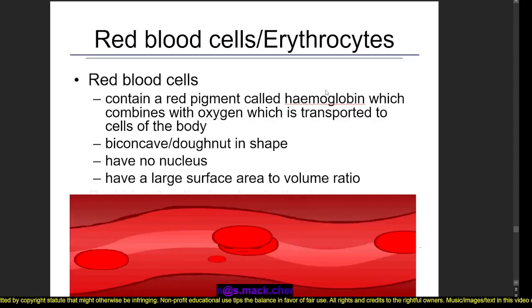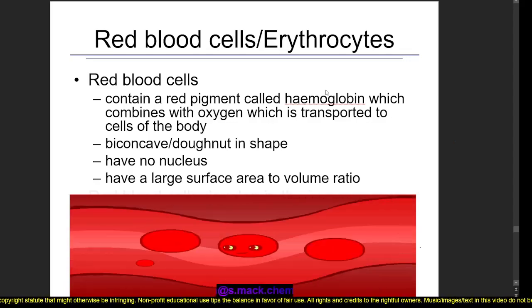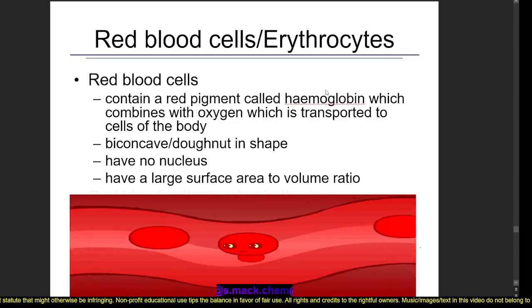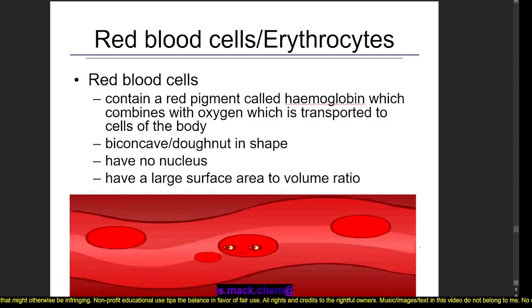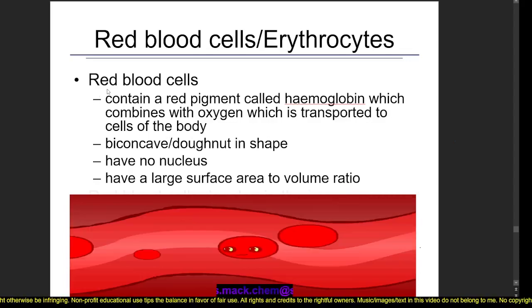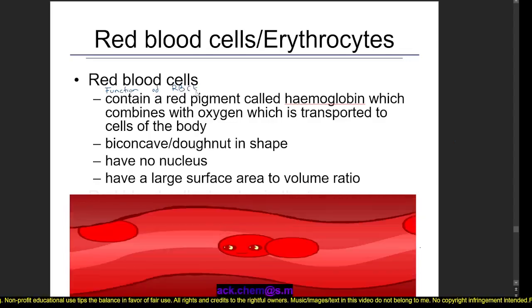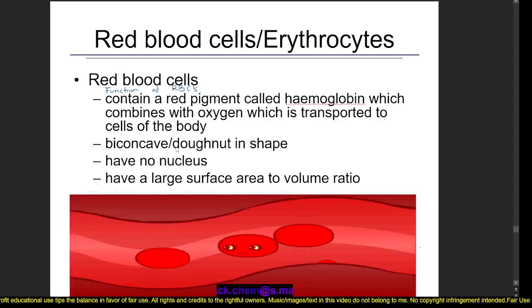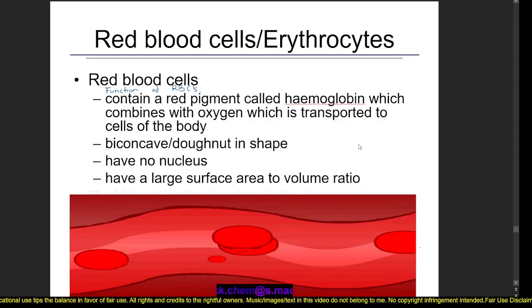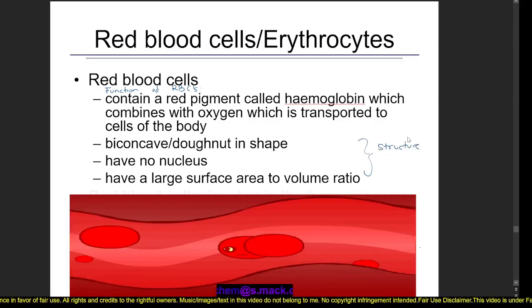This hemoglobin holds on to oxygen and takes it around the body. So this is what we would call the function of red blood cells. And these three points here refer to the structure of a red blood cell.